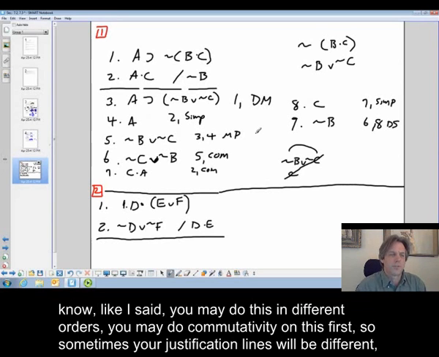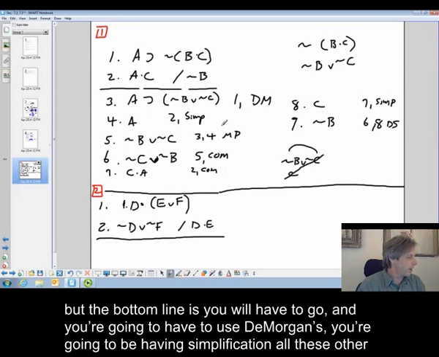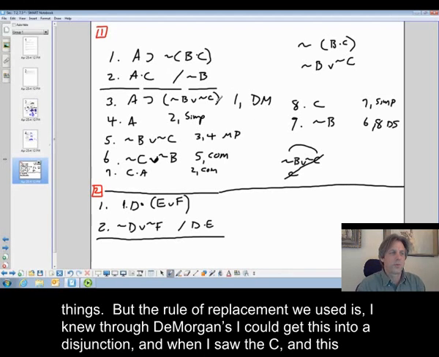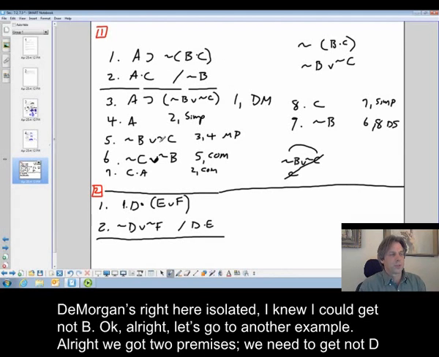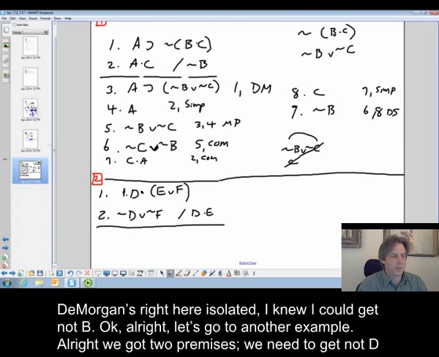So sometimes your justification lines will be different, but the bottom line is you will have to go and you're going to have to use De Morgan's. You're going to be having simplification, all these other things. But the rule of replacement we used is I knew through De Morgan's I could get this into a disjunction. And then when I saw the C, and then this De Morgan's right here isolated, I knew I could get not B. Okay? All right, let's go to another example.